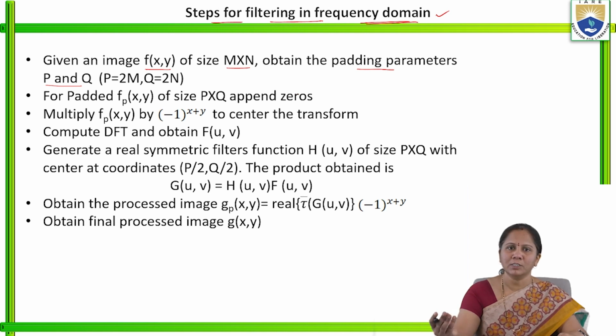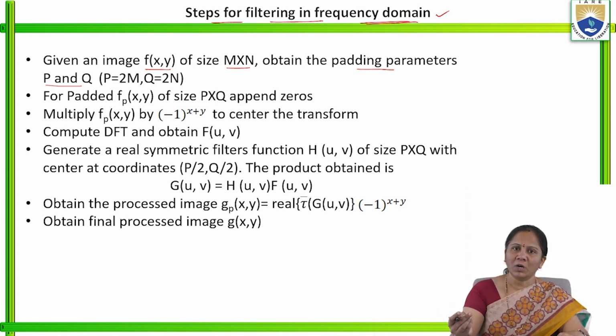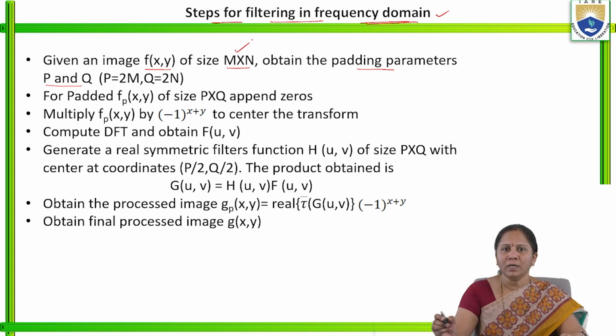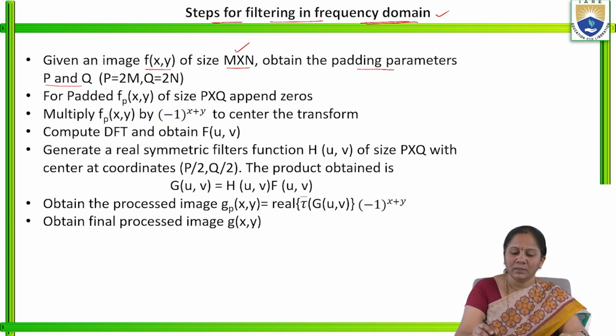What do p and q mean? They also represent rows and columns, where p is equal to 2m and q is equal to 2n, with m and n being the sizes of the original image. So the size is doubled. The padded image we get is considered as fp of x comma y.